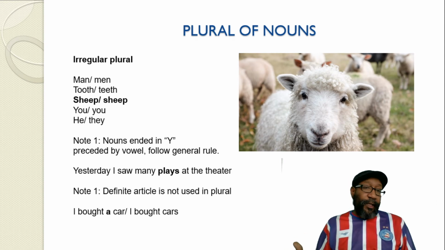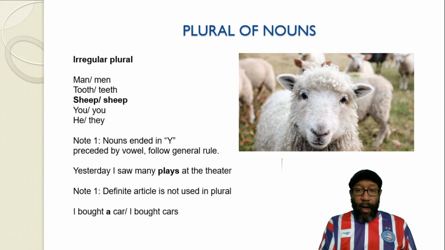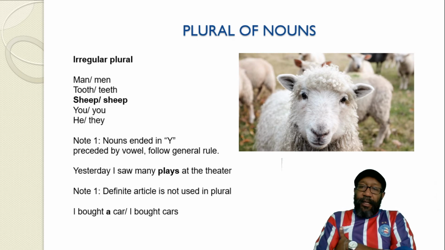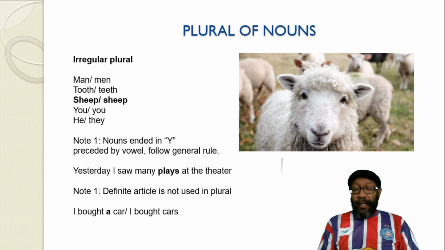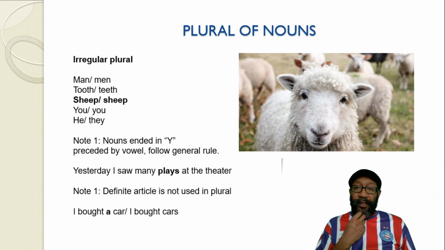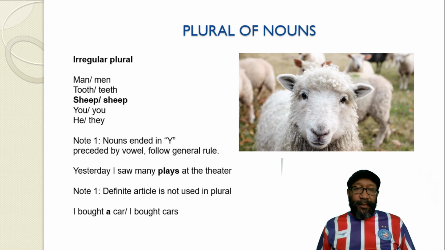So how do you know the proper translation for that? You have to pay attention to the context, right? It gives you a lot of idea of what is happening. Sometimes you don't even need to translate.